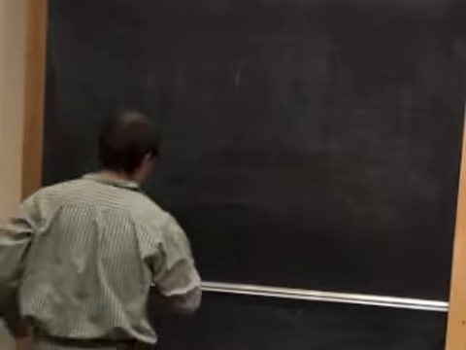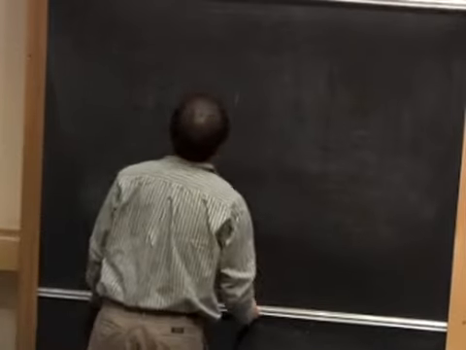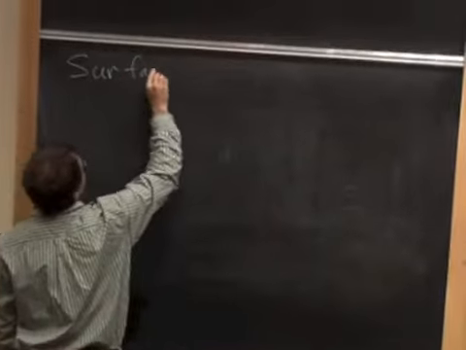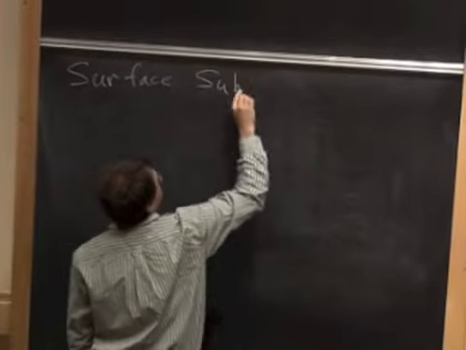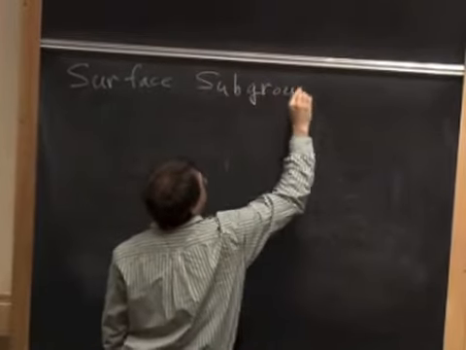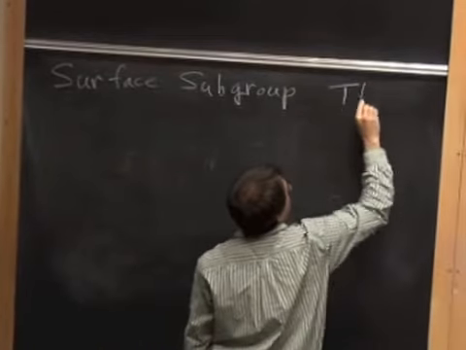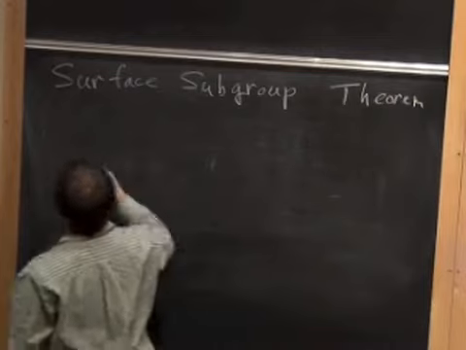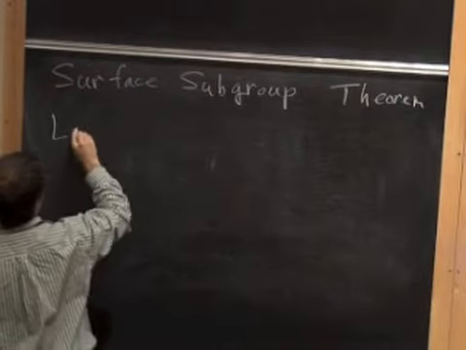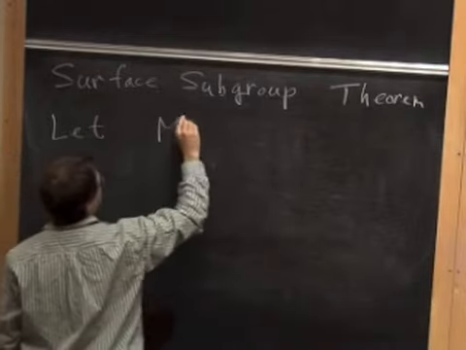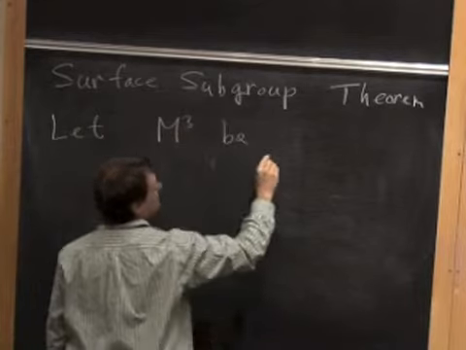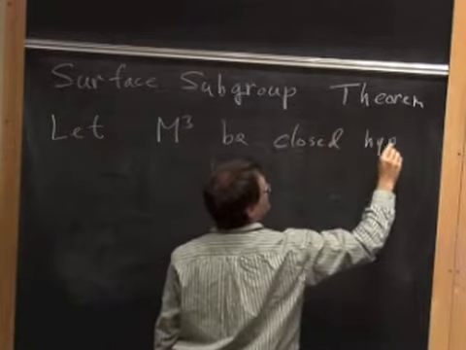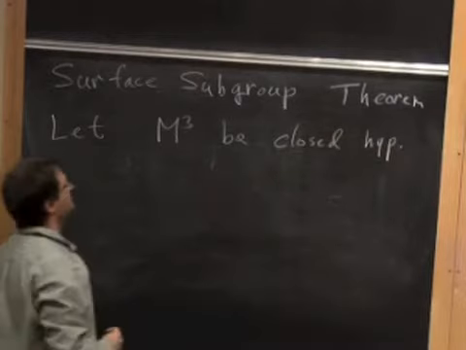All right, so the surface subgroup theorem says let M3 be a closed hyperbolic 3-manifold, right?